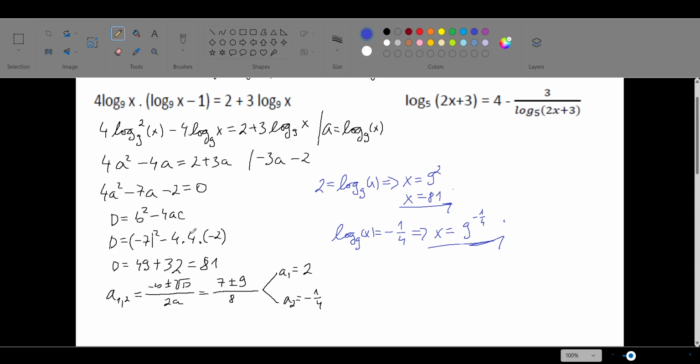But on the other side, I want to show you how to get, let's say, a better number for checking the solution of the given logarithmic function. So x is equal, and 9 can be written as 3 squared, and this to the power of negative 1 over 4, which can be simplified based on the rules with exponents, that this is 3 to the power of negative 2 over 4.